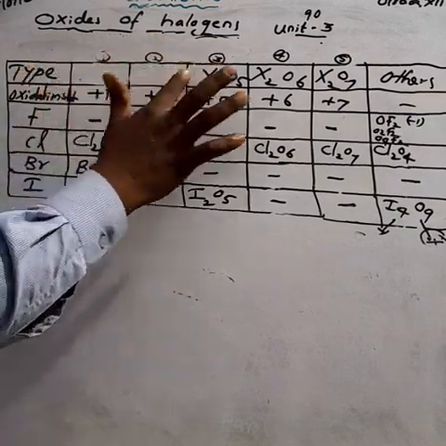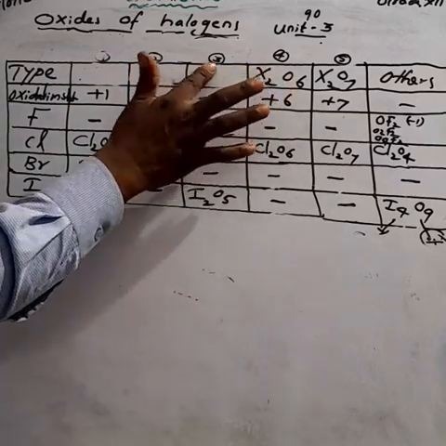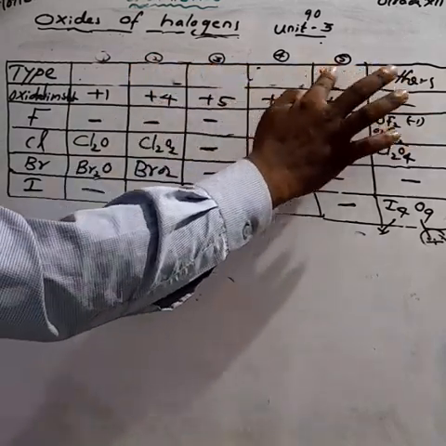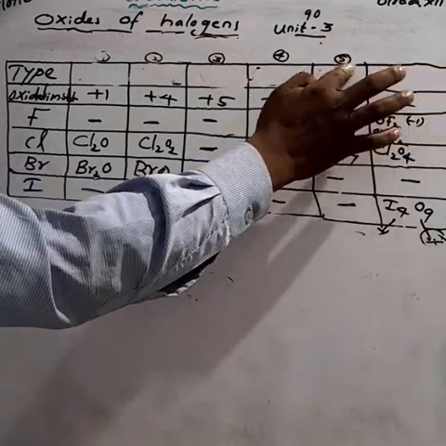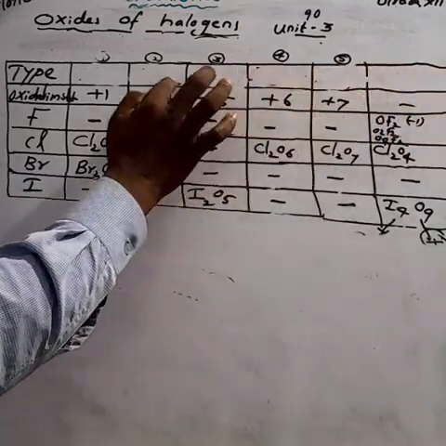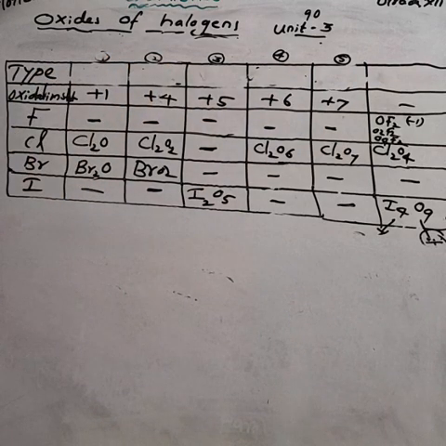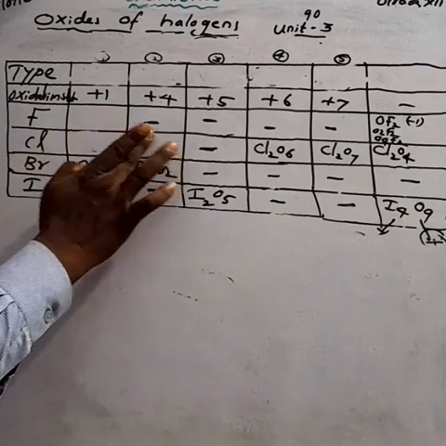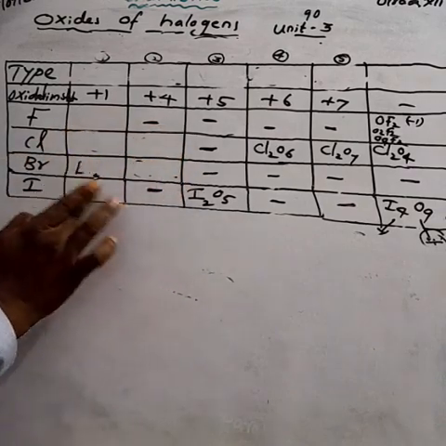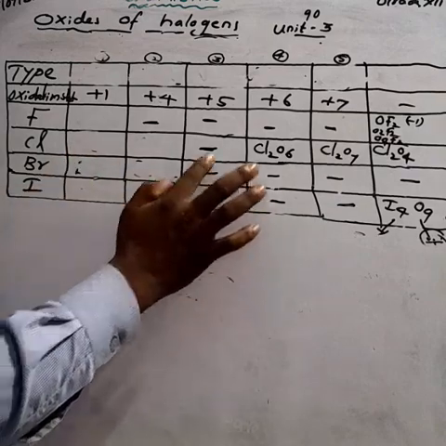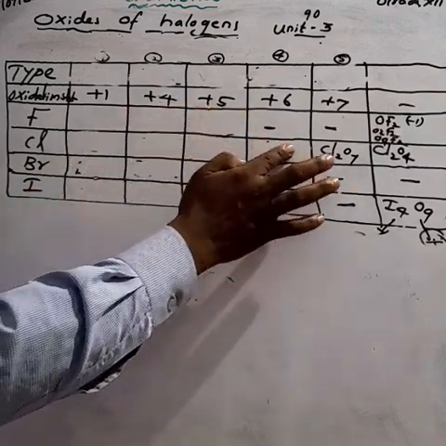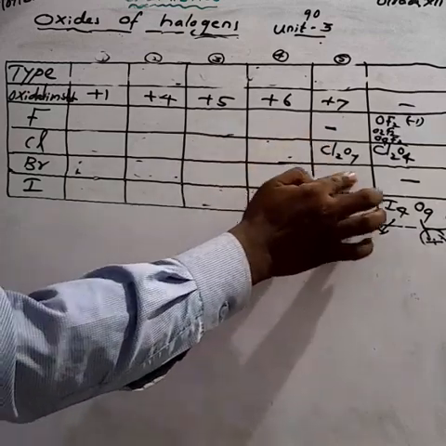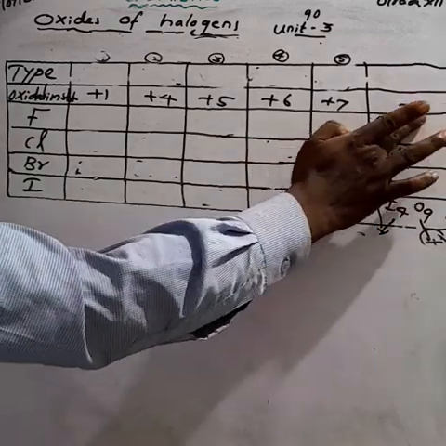Oxo acids of halogen: when any halogen, maybe fluorine, chlorine, iodine or bromine, combines with oxygen and also hydrogen, we get oxo acids of halogen. Here I am speaking about chlorine. First, we are taking chlorine. Chlorine can form different types of oxo acids.